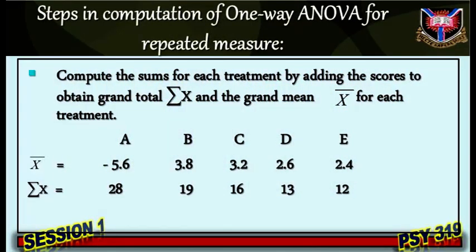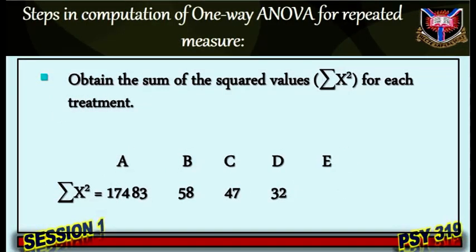Steps in computation of one-way ANOVA for repeated measures. A. Compute the sums for each treatment by adding the scores to obtain the sum of X, and the mean X bar for each treatment. B. Obtain the sum of the squared values, sum of X squared, for each treatment.